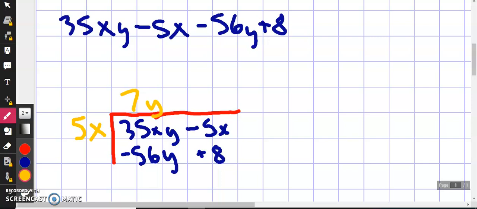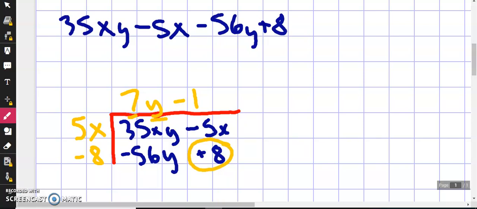Then when I look at the right side, negative 5 divided by positive 5 will give me a negative 1. And it looks like the x's already match, so I don't need another x on top. When I go to the bottom row, negative 56 divided by 7 gives me negative 8. The y's already match, so I don't need any extra y's on the outside. And if we set this up right, negative 8 times negative 1 should give me positive 8, which it does.